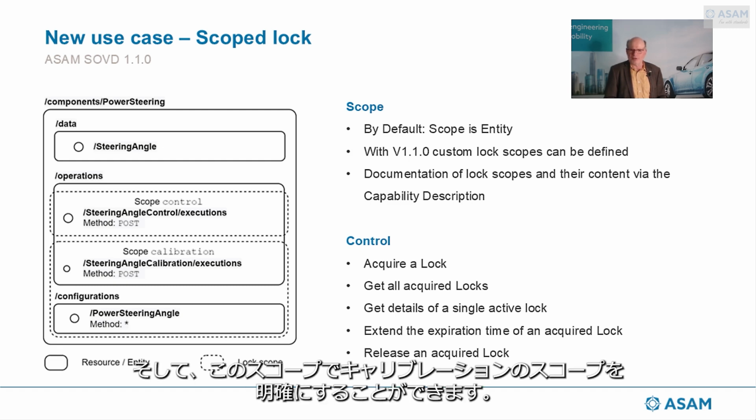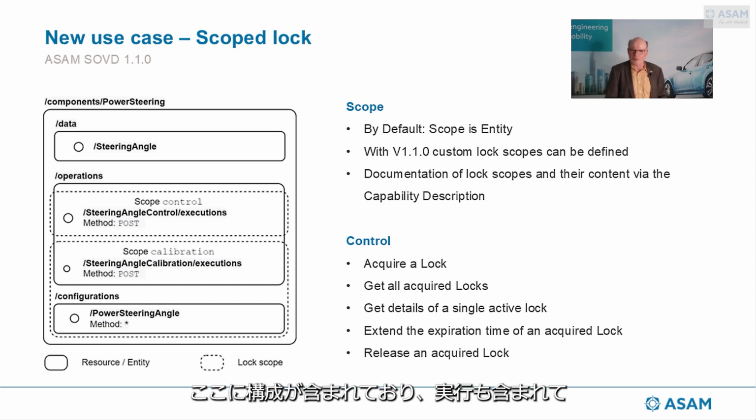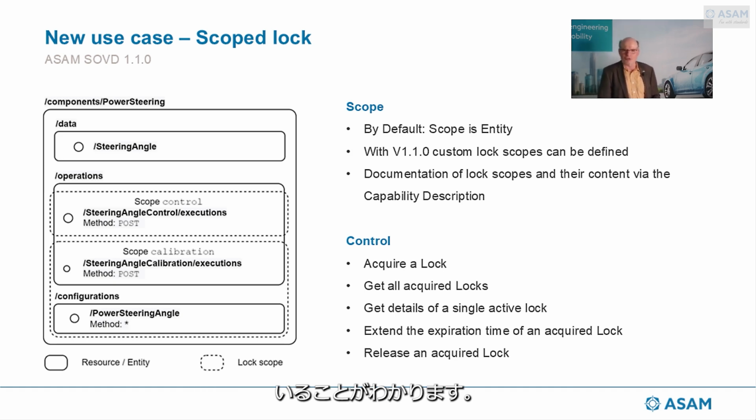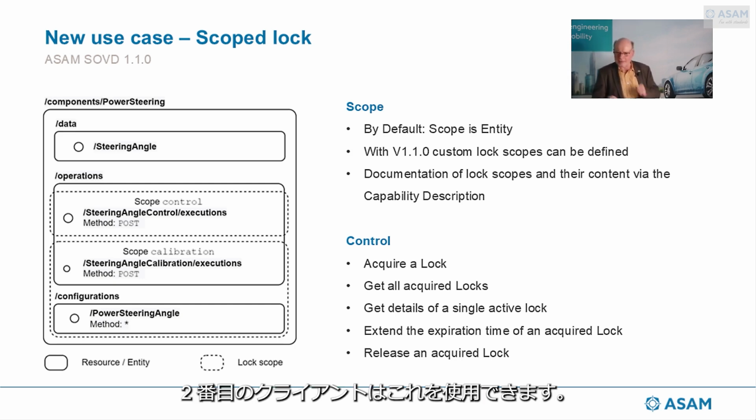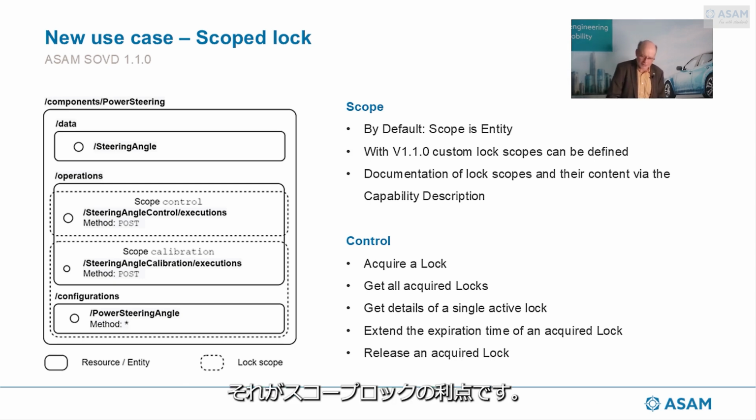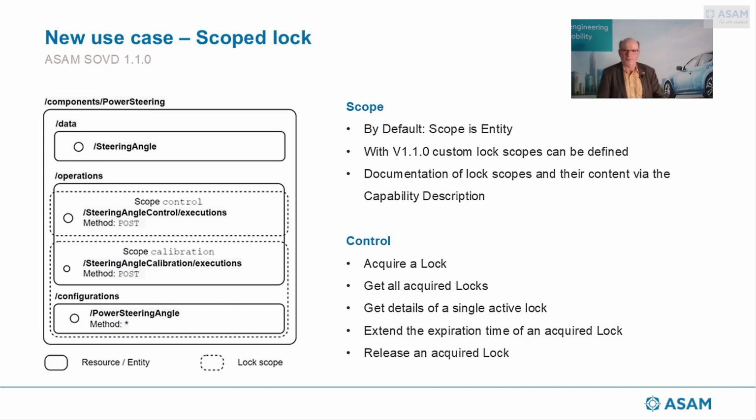And here I can clarify with the scope, calibration. You see I have a configuration included, and I have included an execution. So the other operation and the data is not included. A second client can use this. That's the advantage of a scoped lock.